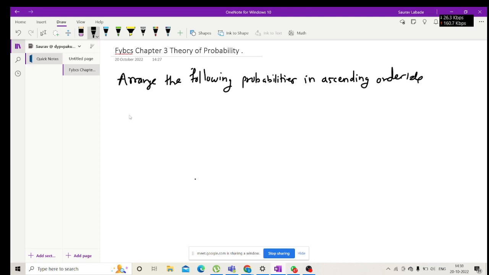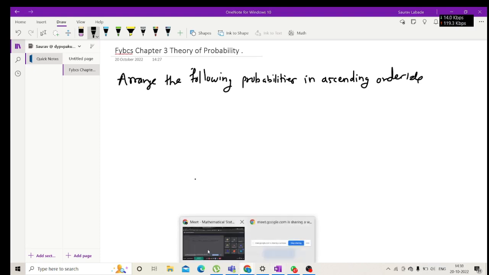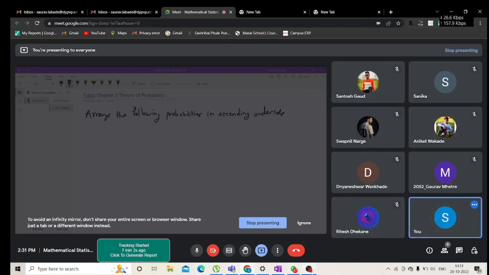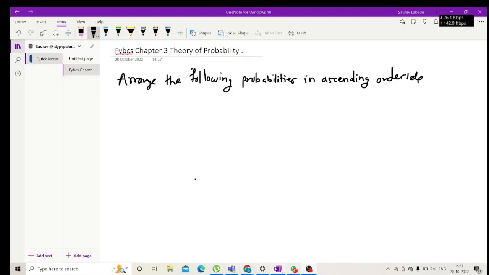Now the probabilities that they have given. Arrange the following probabilities in the ascending order.